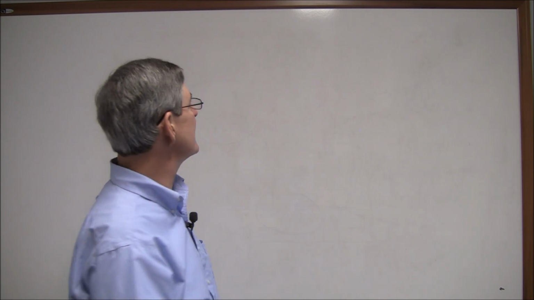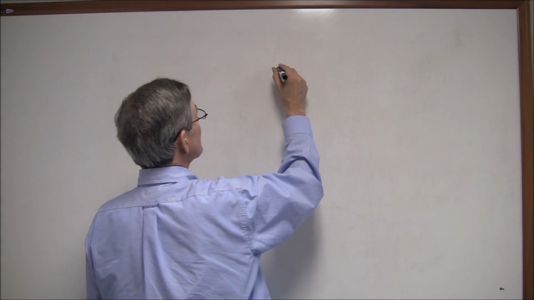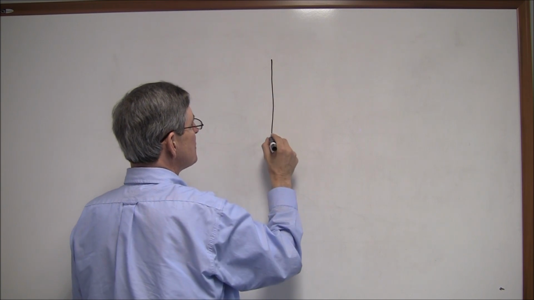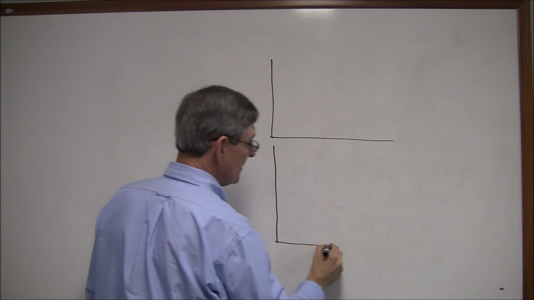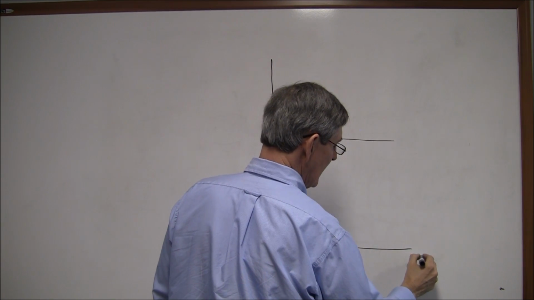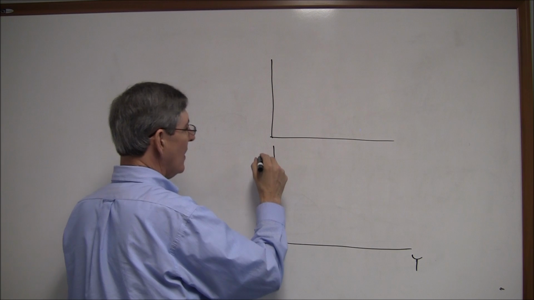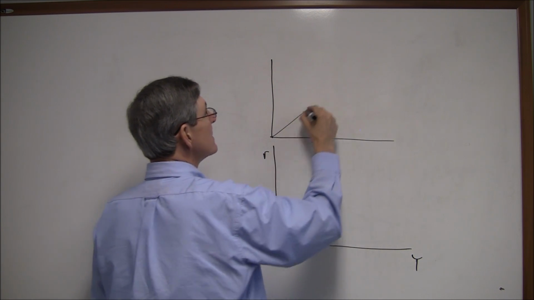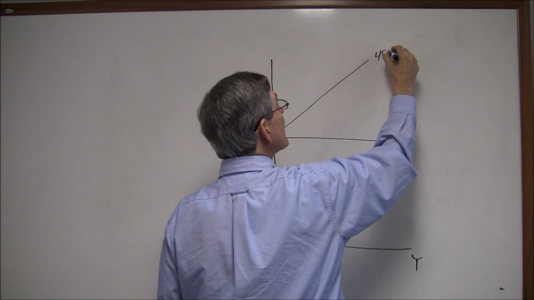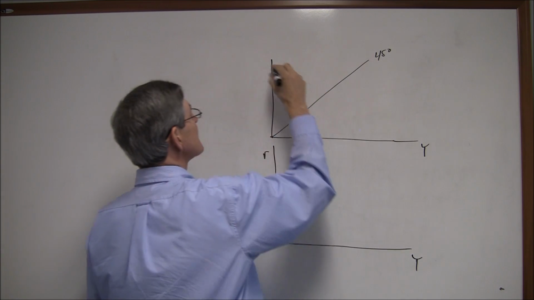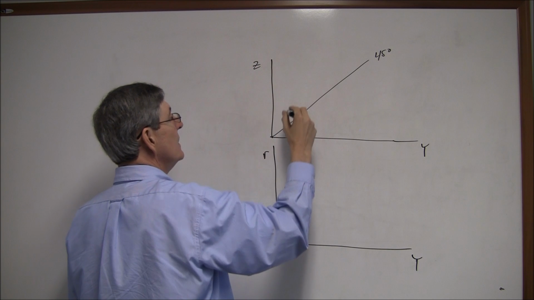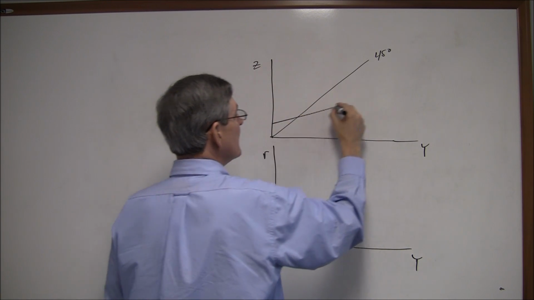So let's do a couple of examples of that. So we're going to show this graphically. So we're going to show how the IS curve shifts with these double graph models. So down here we have the IS curve, R and Y. Here's the 45-degree line diagram. And I'm going to use government spending as my first example, but you'll see it's the same for other things as well.